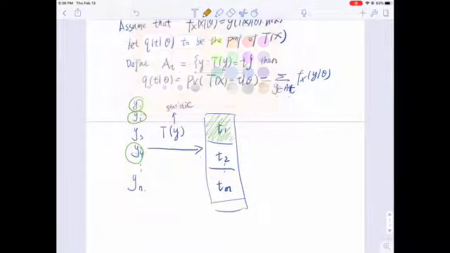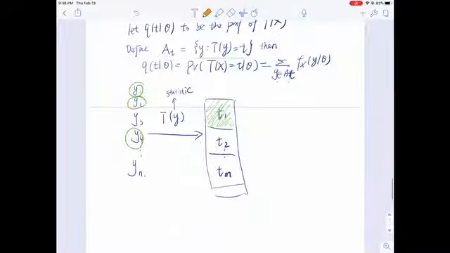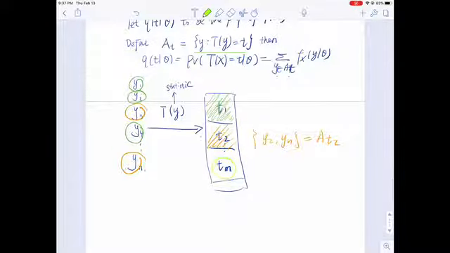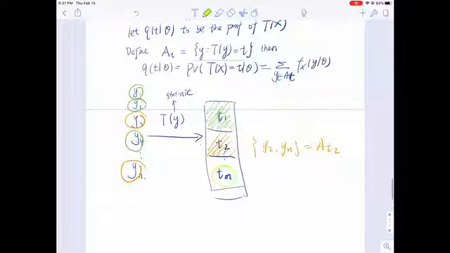Similarly, if we look at another t value, t2, and we figure that T of y3 and T of yn is equal to t2, then y3 and yn are two elements within A t2. Similarly, we can do this for all the different possibilities of t in T, and that's how we make partitions. That's what partition A_t means.